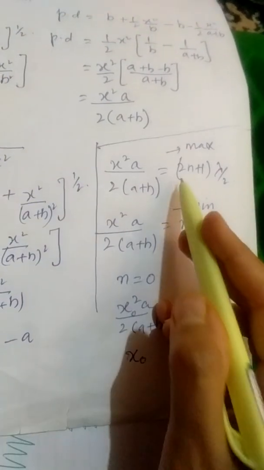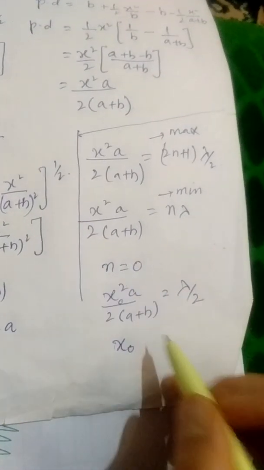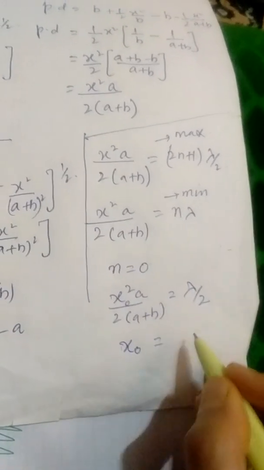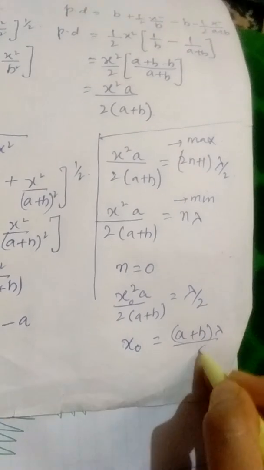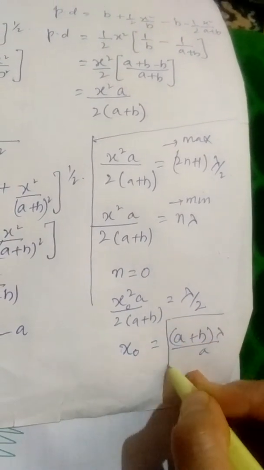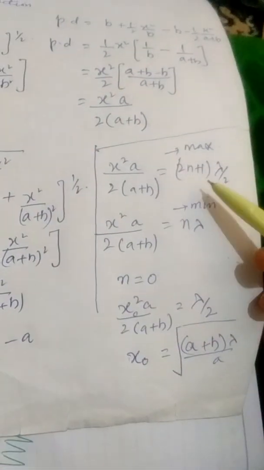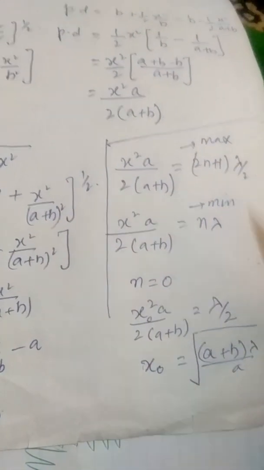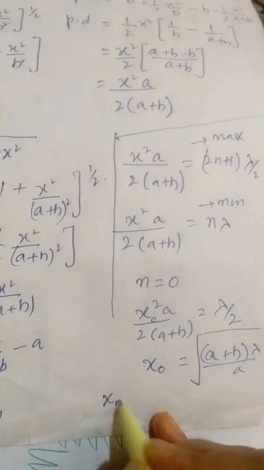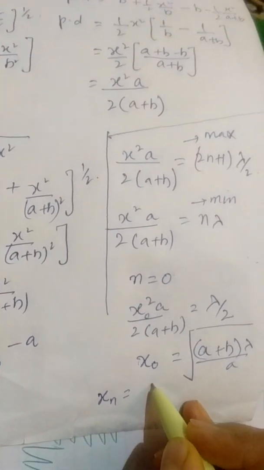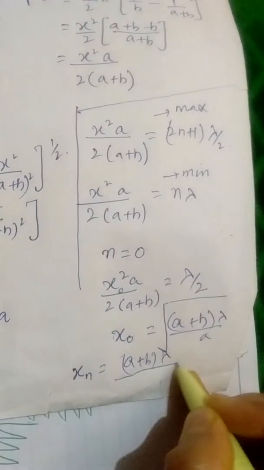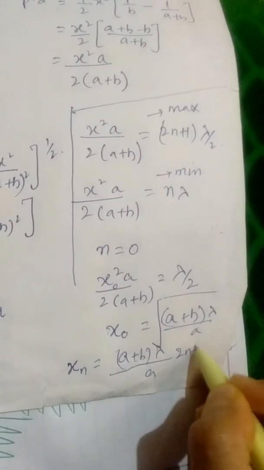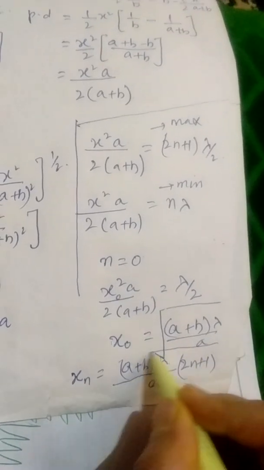X naught, because we have given value 0 to n, is under root of (a plus b) lambda by a. And the nth value of x from this expression can be obtained as xn equal to under root of (a plus b) lambda by a times (2n plus 1).